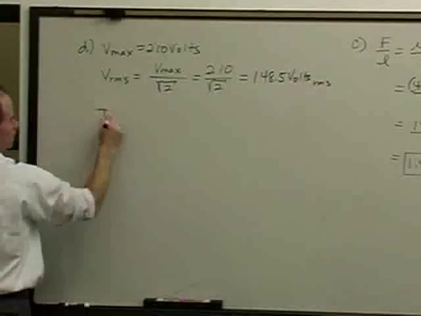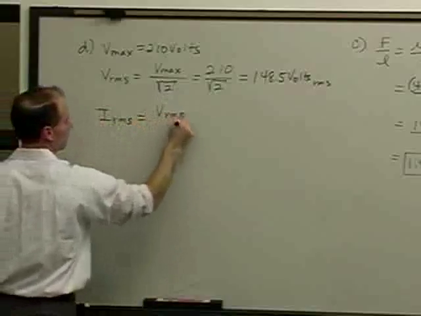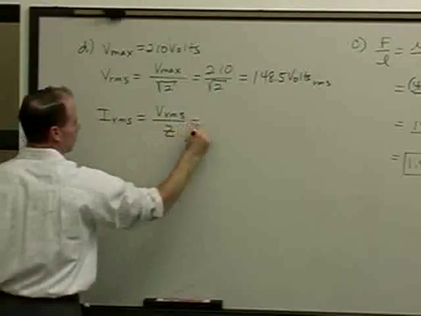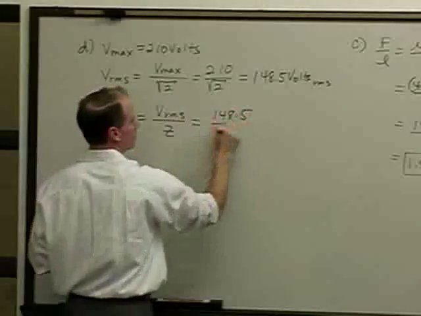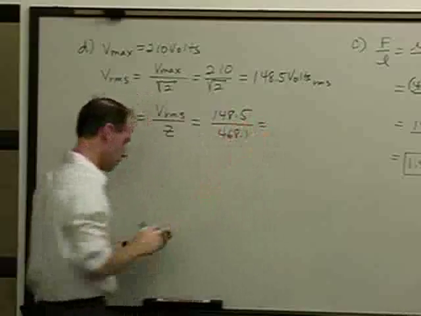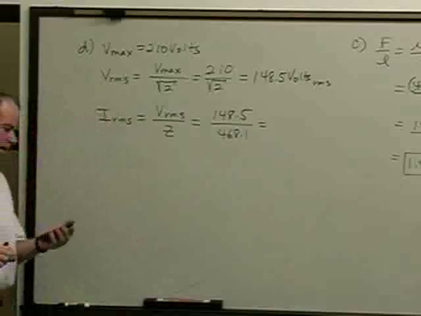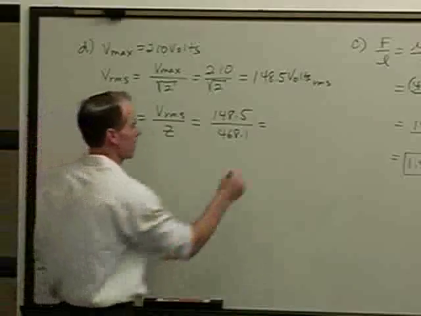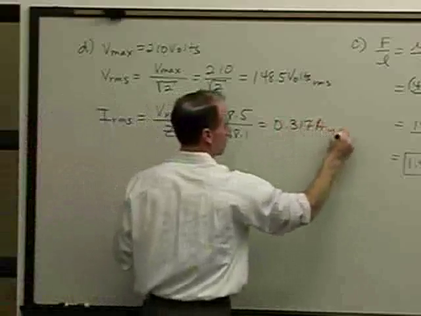And so the RMS current is the RMS voltage divided by the impedance. That's 148.5 volts divided by 468.1 ohms, which is 0.317 amps RMS.